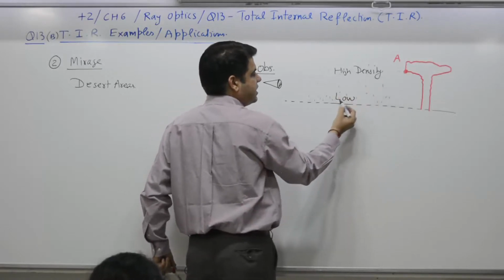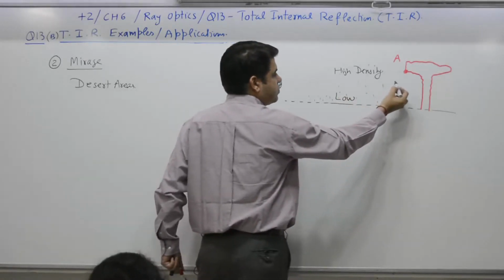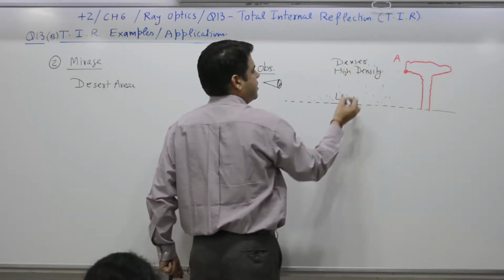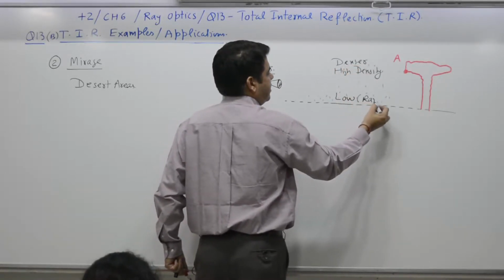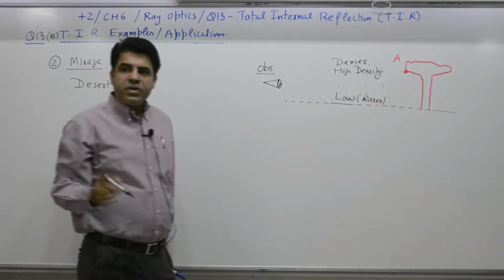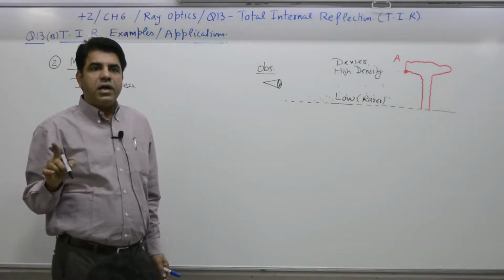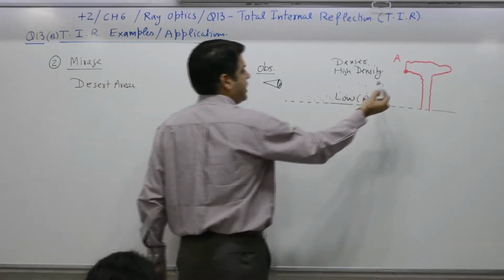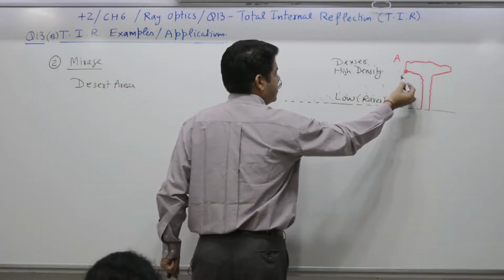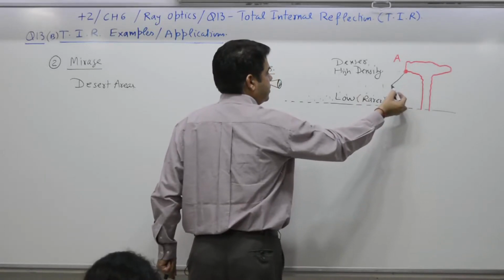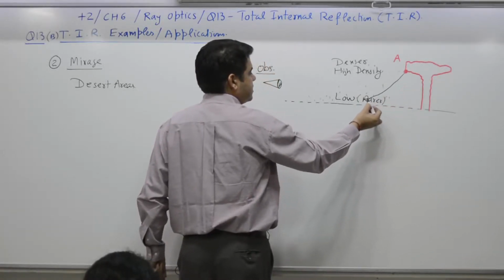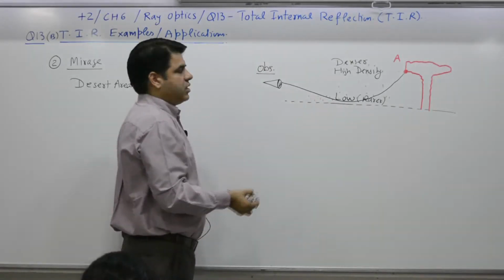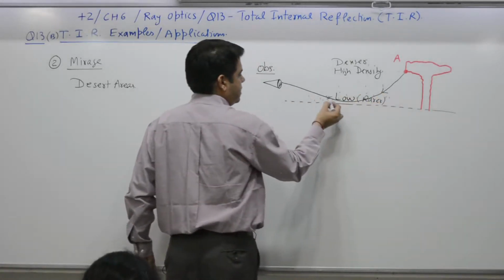Here it is high density, here it is low density. This medium is denser, this is rarer. In the previous one, the ray was moving from glass to air, from denser to rarer. As this ray moves from denser to rarer, TIR takes place. This ray traces this path.